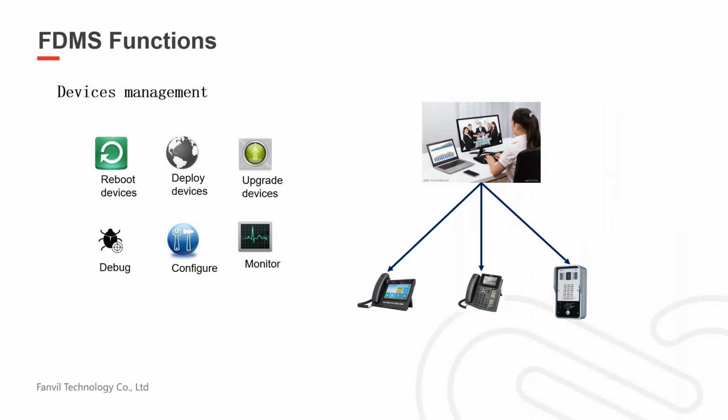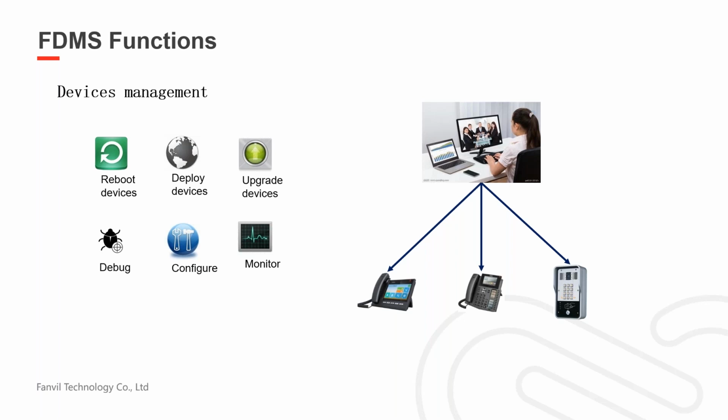For device management, we can do these functions. For example, we can manage devices remotely via the FDMS server. We can also deploy devices with configuration, for example the SIP settings, the network settings, and phone features, remotely just via the FDMS graphic UI.